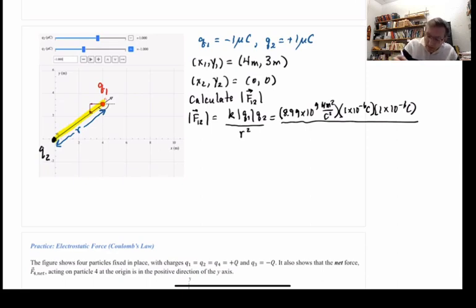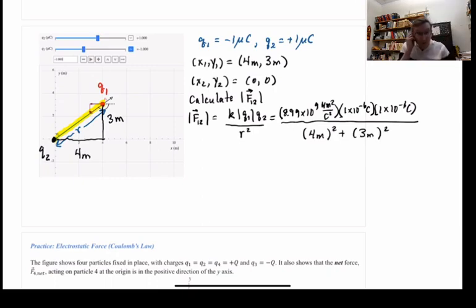Well, remember, that is 4 meters along x, and along y is 3. So I think Pythagoras would enable me to get r squared, wouldn't it? It will be 4 meters squared plus 3 meters squared. Notice it's r squared, not r. And you can put those numbers in your calculators. You need to be able to do that.